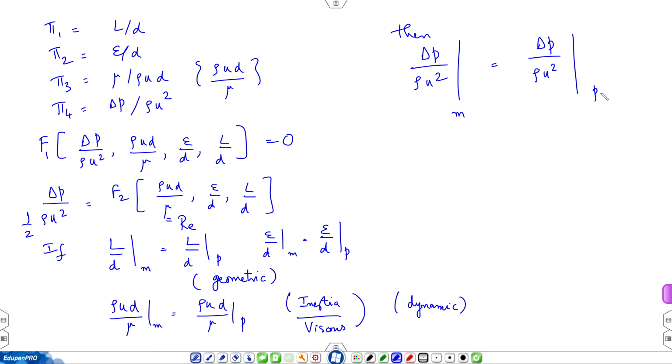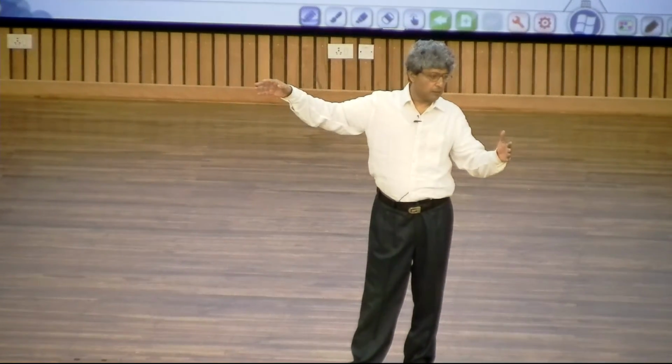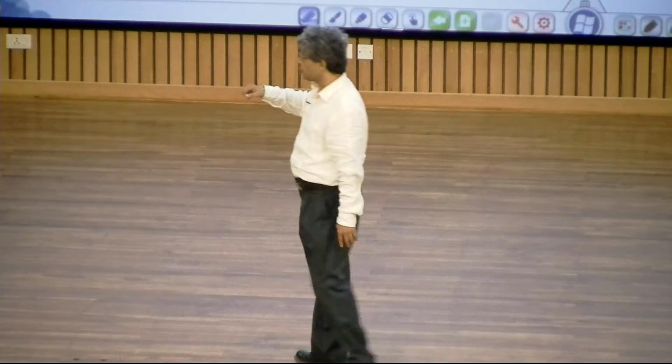The pressure drop linearly increased with the length of the tube. If you remember the application of momentum equation for flow through a tube, the momentum fluxes going in and coming out cancelled each other. So, when you did a free body diagram of the fluid contained in the tube, you got this result that delta p scaled with the length of the tube.